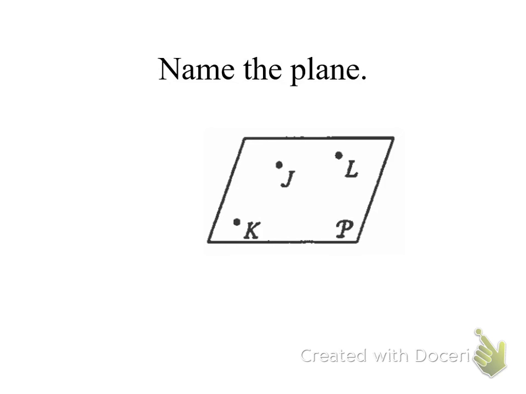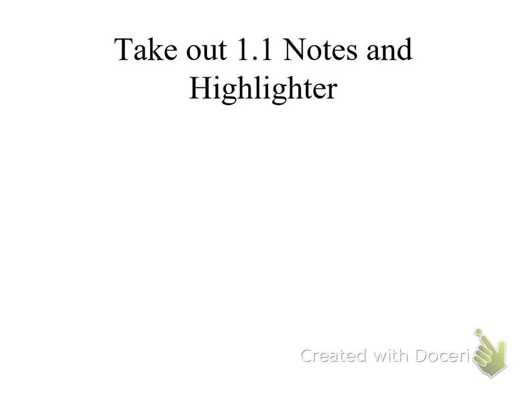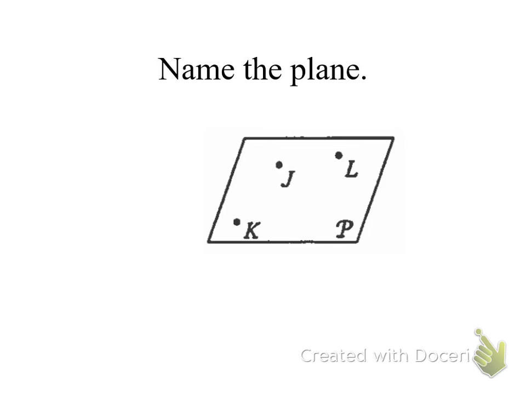Both are correct. Good. So most of you named it with one letter. If you say plane in one letter, what letter are you going to use? P. Plane P. If you use three letters, which one can you not use? You can't use P. It's not a point. So JKL. There's no lines here, so there's not really any other variation. That's it. We'll be done. Wonderful.